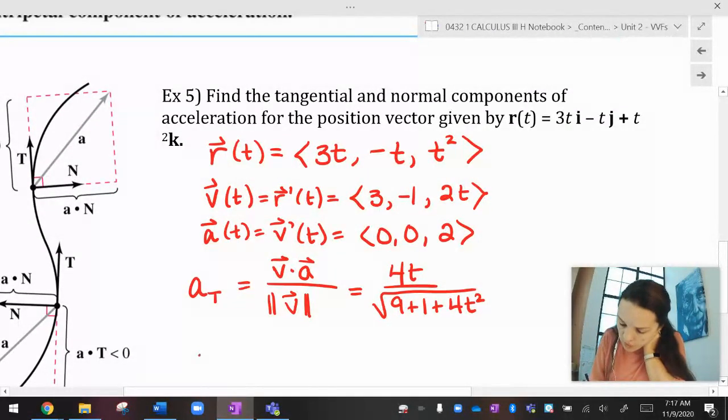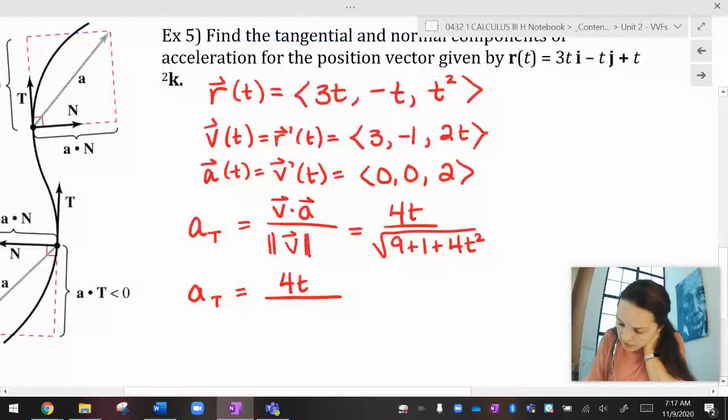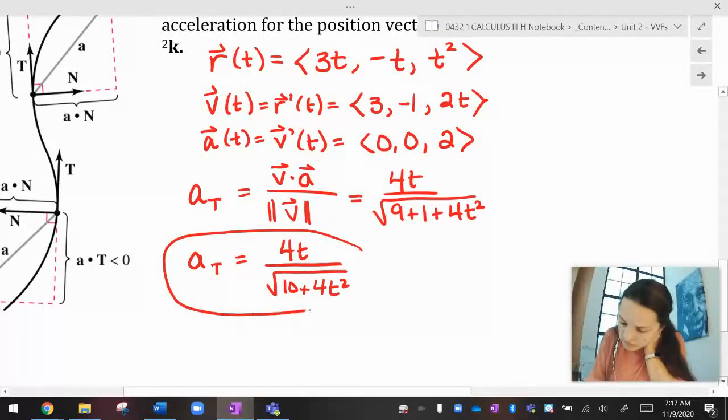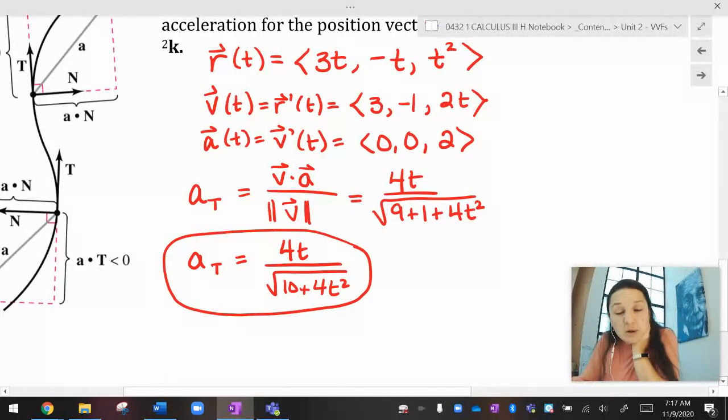And so a sub t is 4t divided by the square root of 10 plus 4t squared. Cool. I don't know where that really goes yet, but we'll get to that.